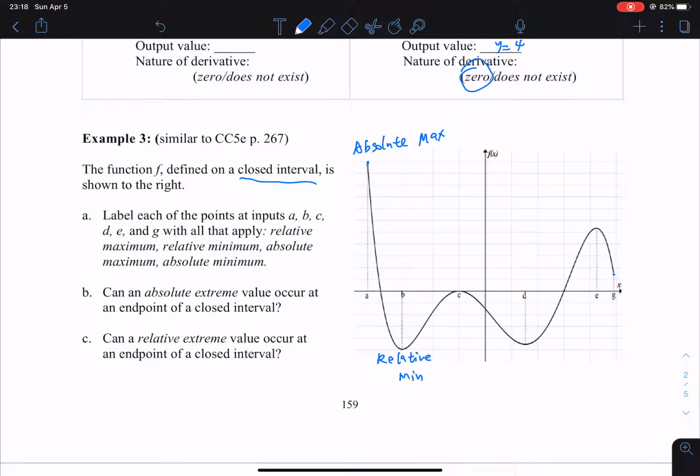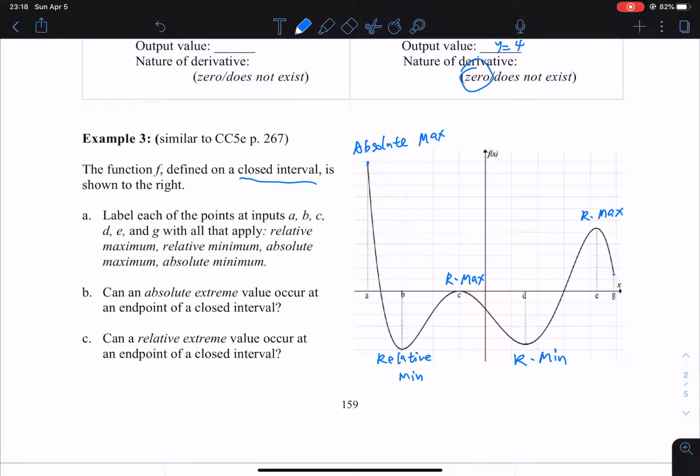And then the next one, C. At point C, the derivative is 0, and this is a relative maximum. Point D, relative minimum. Point E, relative maximum. And point G, pay attention, point G is the endpoint.